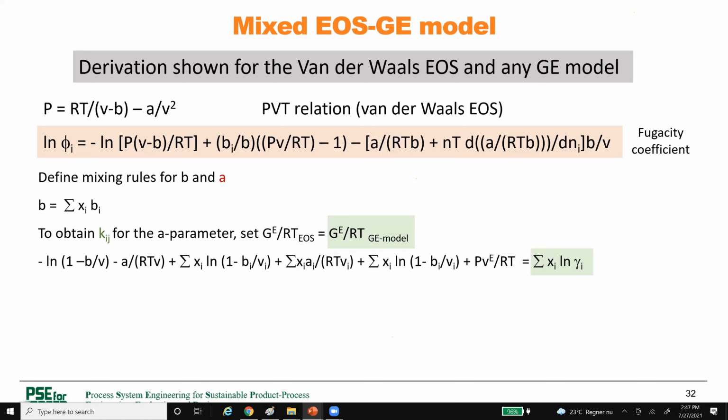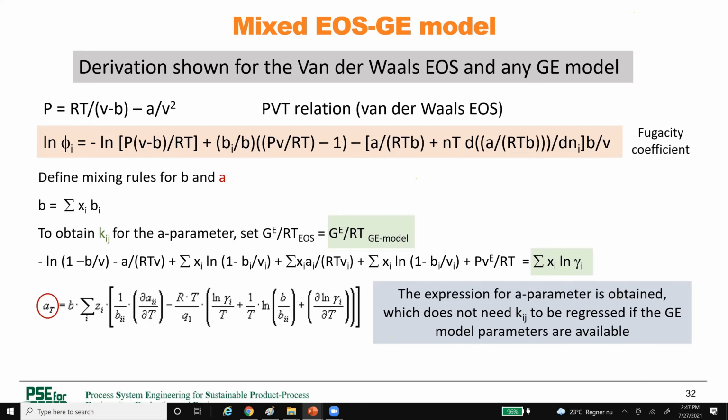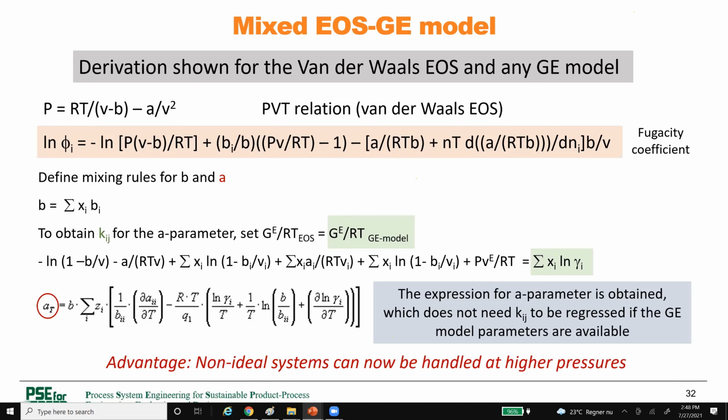And then in this expression, we do some manipulation and we get the expression for A. So what it does is that it does not need the Kij now, because it gets the Kij from the activity coefficient model. So this is very powerful and it is valid for higher pressures. So this is a very good way to do high pressure, non-ideal vapor-liquid equilibrium.